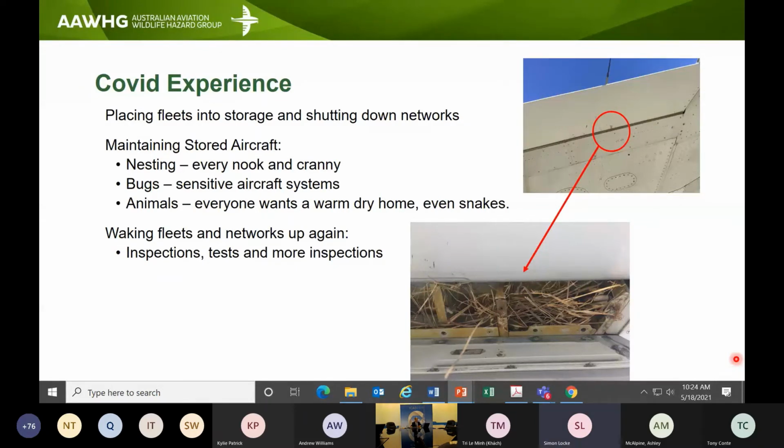So over COVID, we, as an operator, we spent a lot of time, like every other airline around the world, placing our fleets into storage and shutting down our networks.